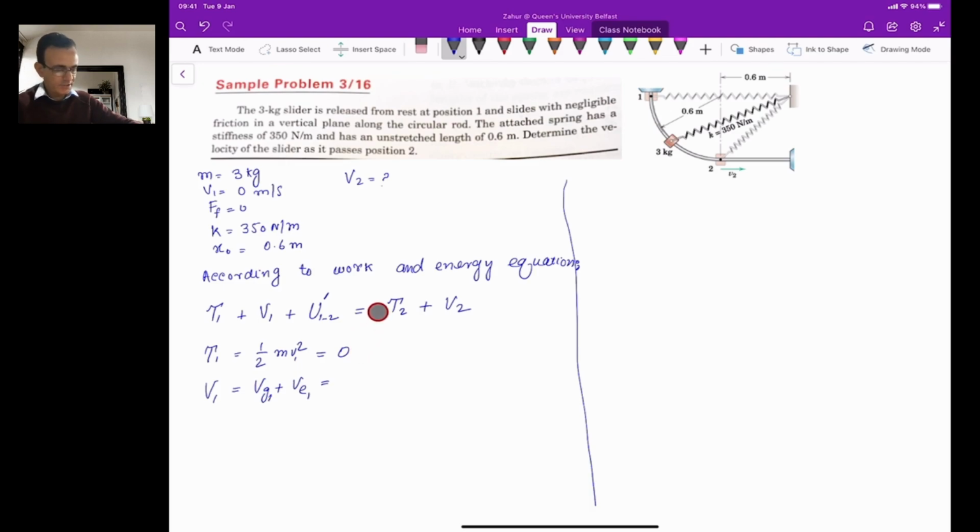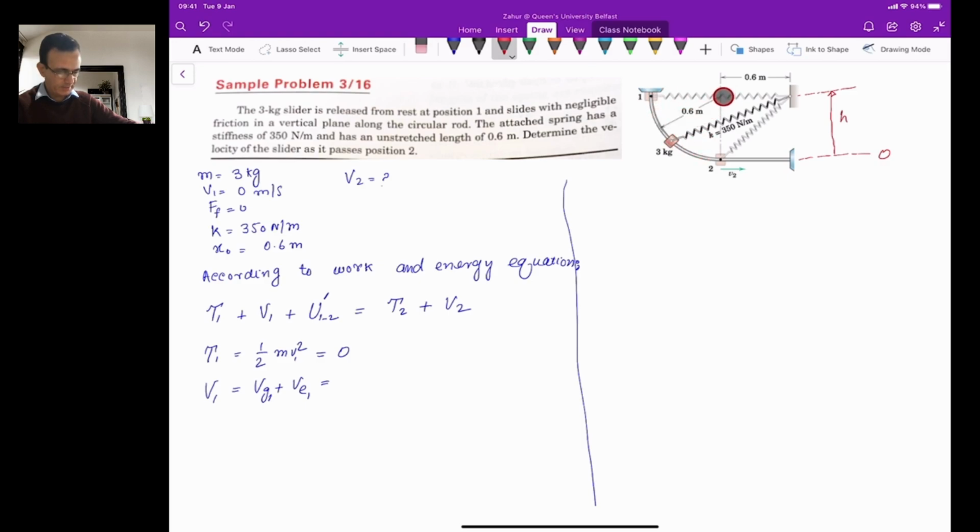So Vg is the gravitational potential energy, and if we take this as our zero altitude, and this distance is our h. So as you can see, if this is our zero, the distance from here to here is h, which is the radius of this circle here, and which is given as 0.6.